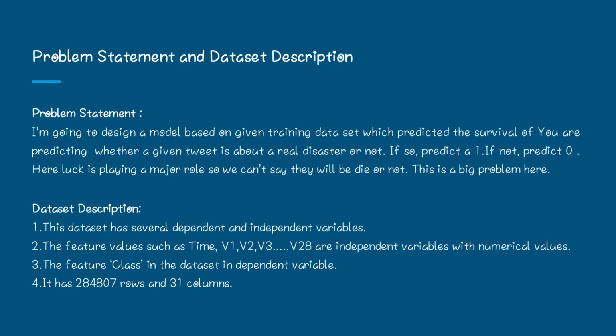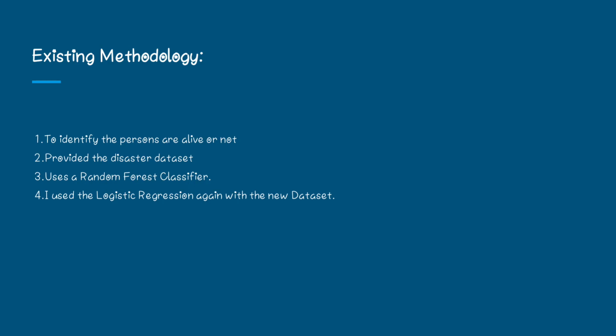That means we create a relation between independent and dependent variables. The features are the time series V1 up to V28, with the dependent variable of numerical values.